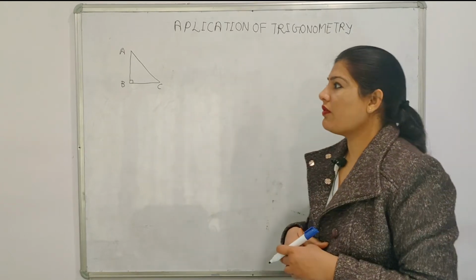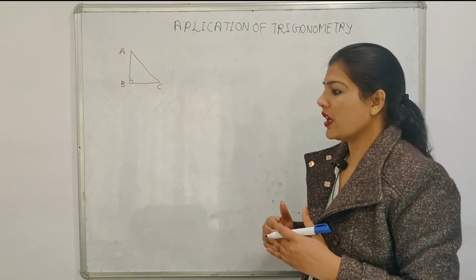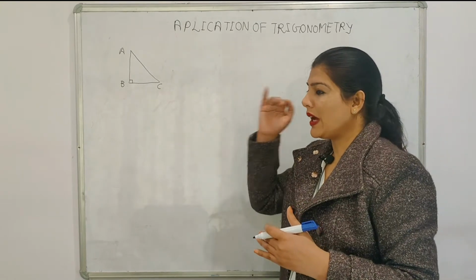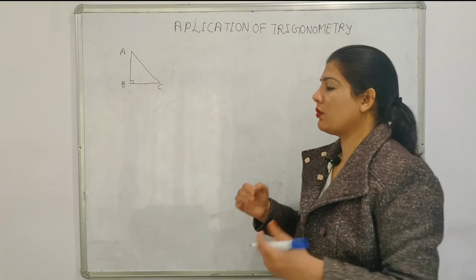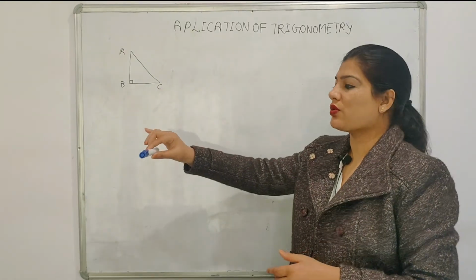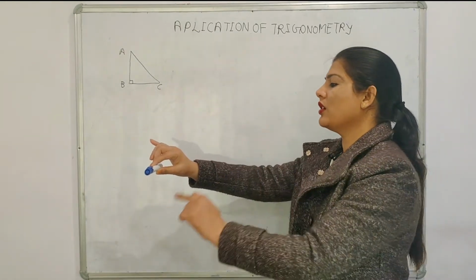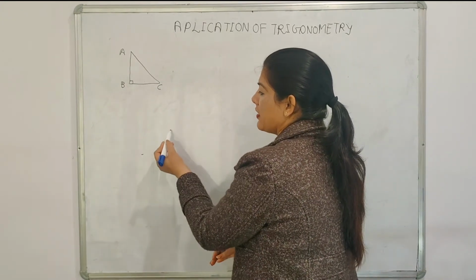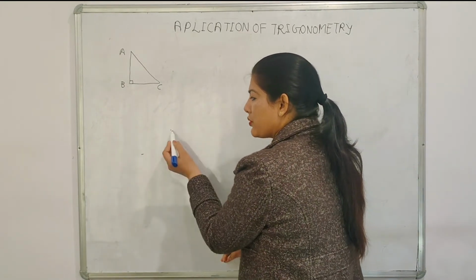So what is angle of elevation? If I'm looking at an object which is below my eyesight, so I have to look at that object. Suppose I have this marker, so I have to look at this like this. So suppose this is the marker and here my eyes, so I have to look down.